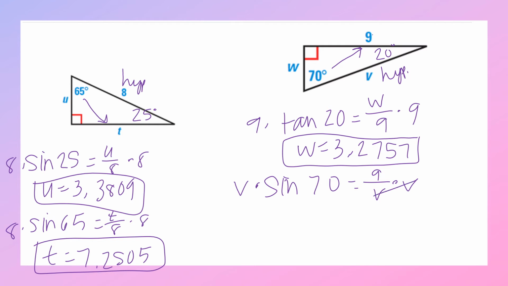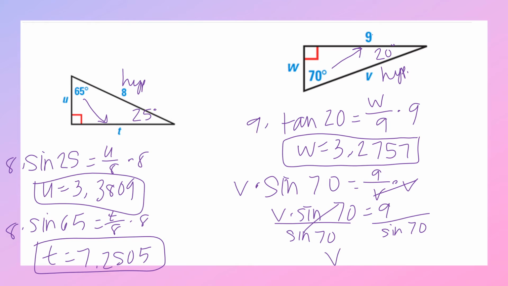So I need to multiply both sides by V. I get V times the sine of 70 equals 9. And then divide both sides by sine of 70. And you have V equals 9.5776. If you have any questions on that, just ask.